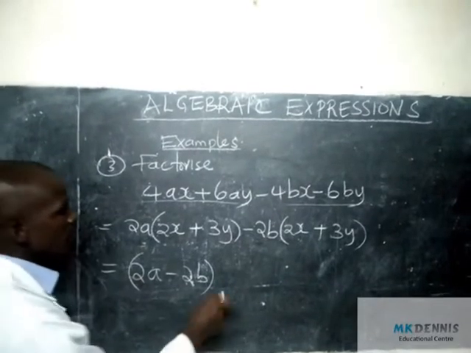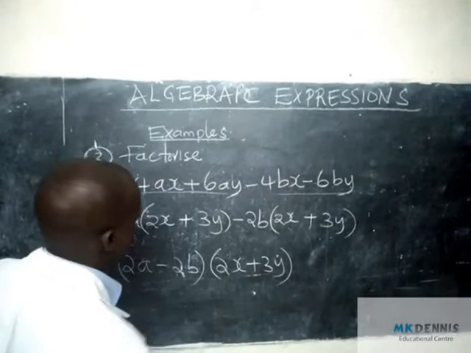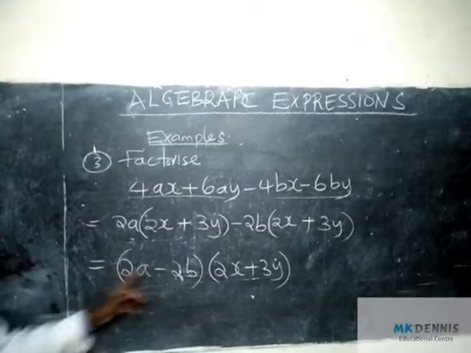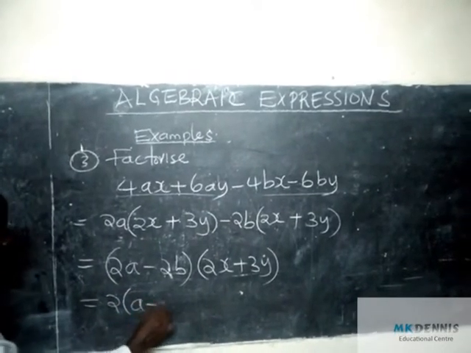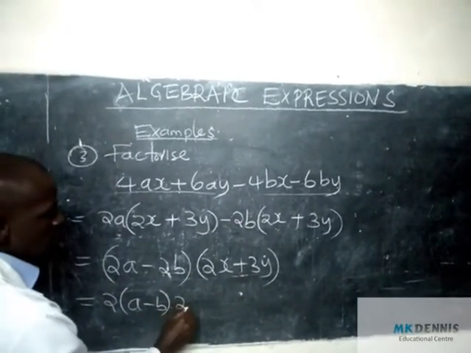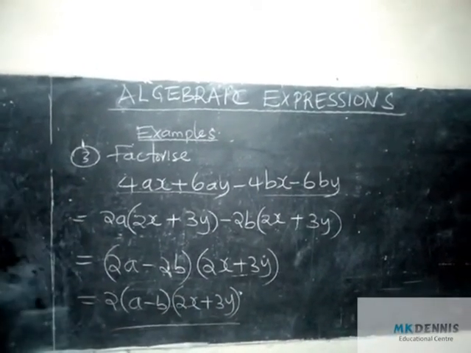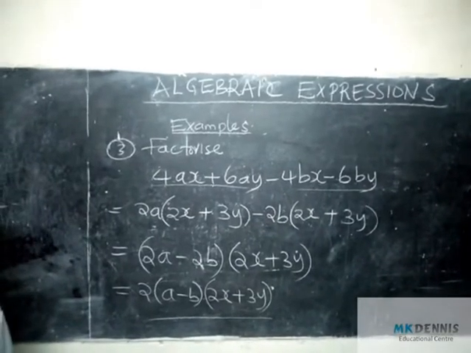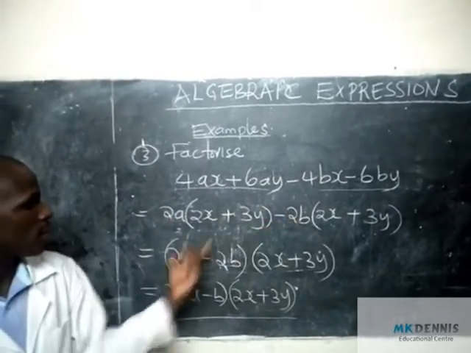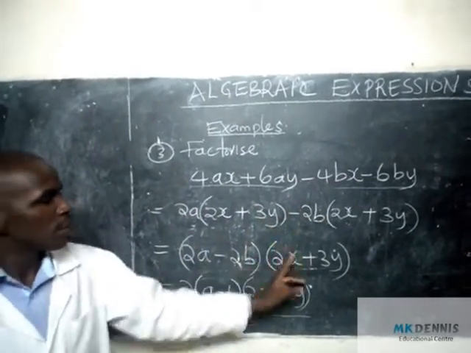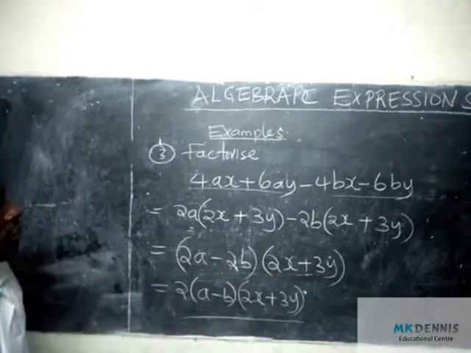You shall have 2x plus 3y. And then you see that 2 is also common in this one. So you can still factor out 2 into a minus b, times 2x plus 3y. And then you'll have this as your final answer.